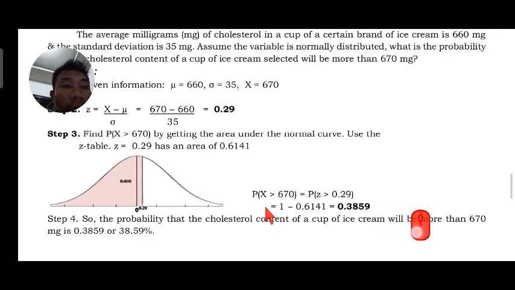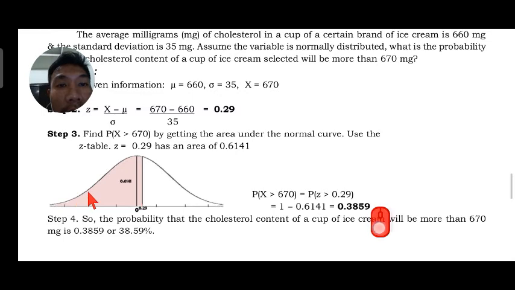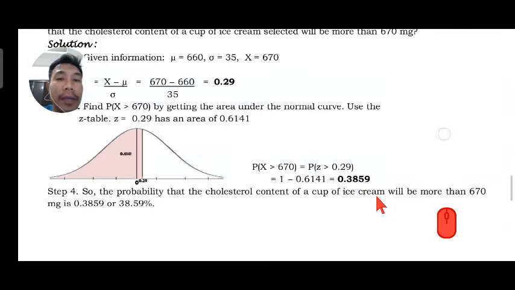So we can use this area of 0.6141. Here is our solution: P of x greater than 670 is equal to P of z greater than 0.29. We know the total area of the normal curve is 1, so to find this region, that is 1 minus 0.6141, which is equal to 0.3859.